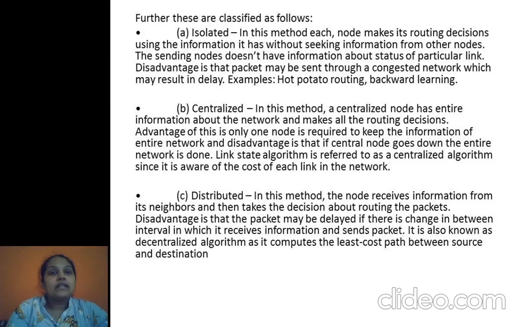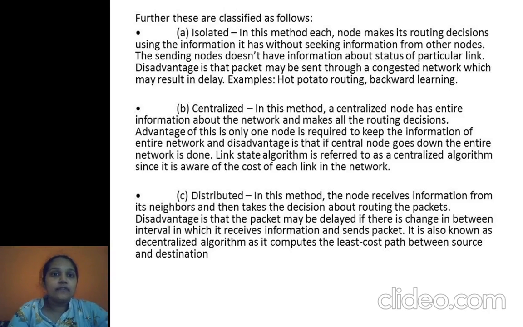As the name suggests, isolated means only one node is responsible for the routing decision. The routing decision is done by the node itself, because it uses the information that it has in the node. It could not seek information from the other nodes.